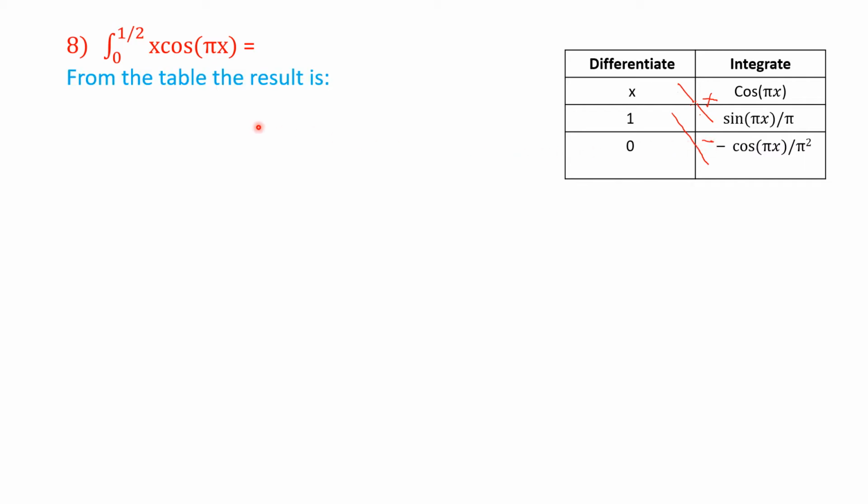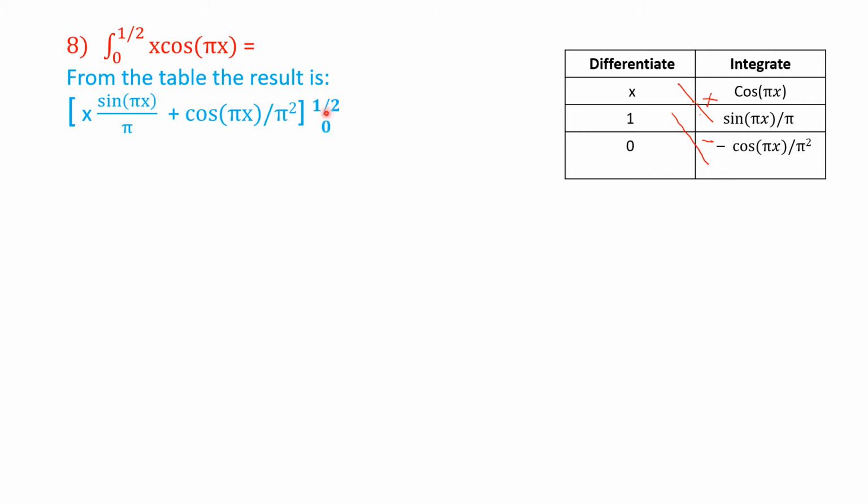So from the table we can deduce that the integration will result in x sine pi x divided by pi plus cosine pi x divided by pi squared. We have to evaluate it between 0 and 1/2.